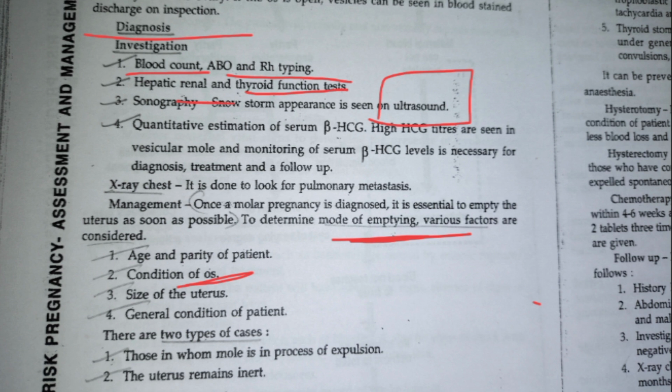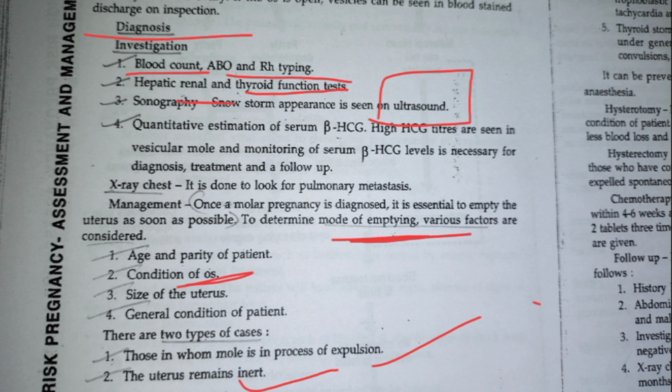Before performing the procedure, there are actually two types. First, if the mole is deep inside the uterus, then we need to remove it. There are a few moles which are almost about to fall off, and there is no need to perform the procedure, as they will fall off by themselves. Either they are about to expel, or we need to intervene and expel them.